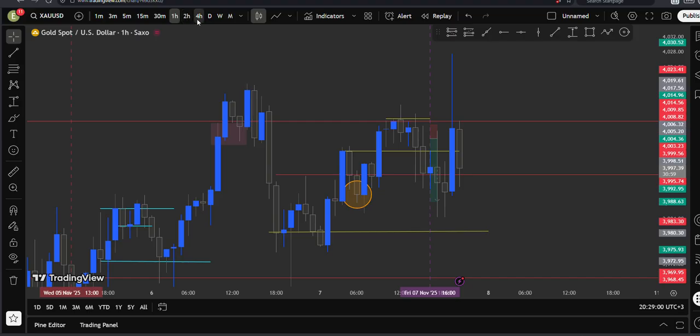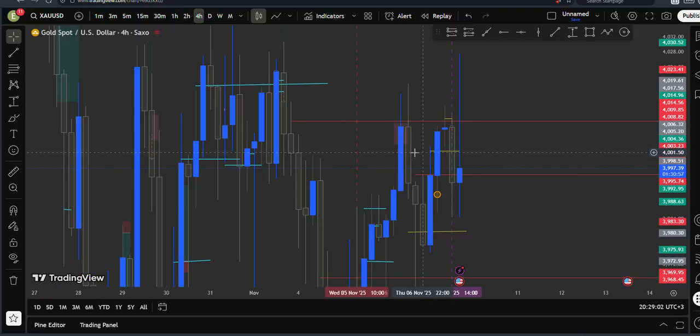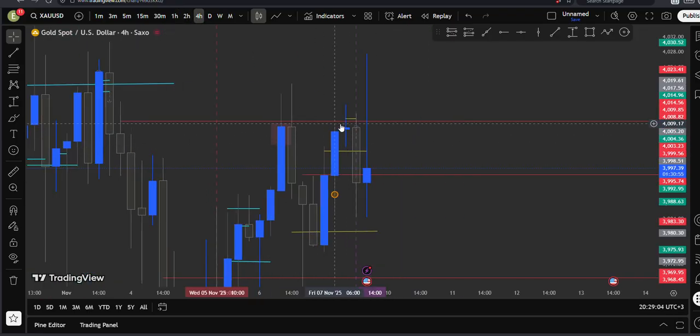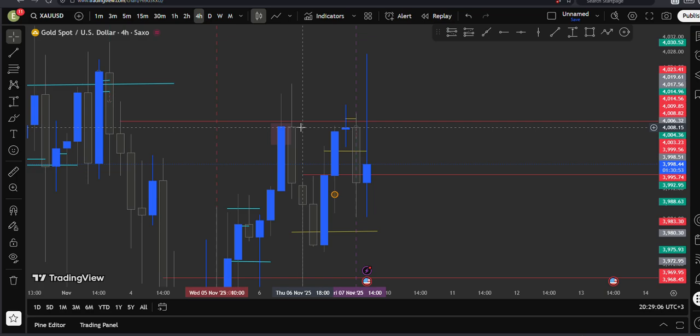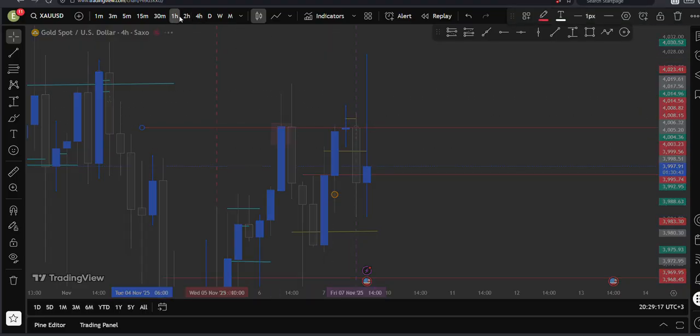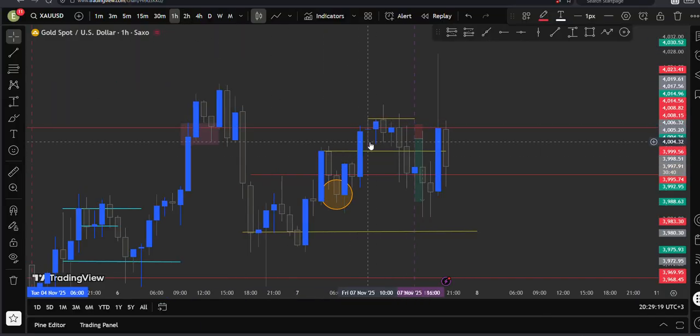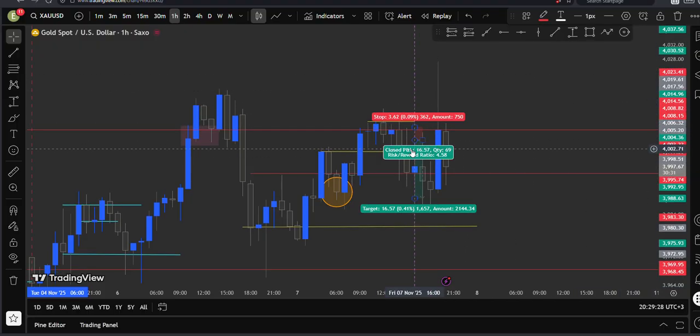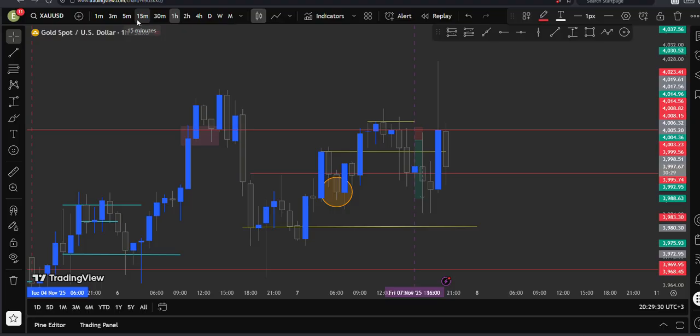You see on H4, this candle here had rejected my resistance here. So when it rejected this one, I had to go for a selling opportunity from here, but I was late, so I had to wait. I knew it was going to sell, though the market was volatile.